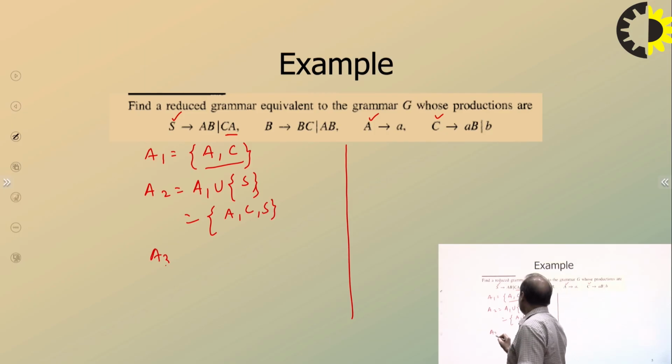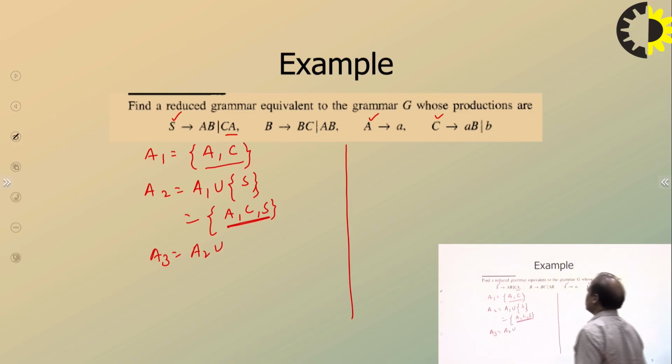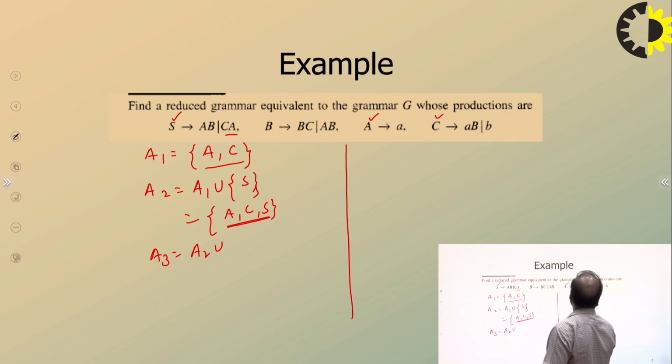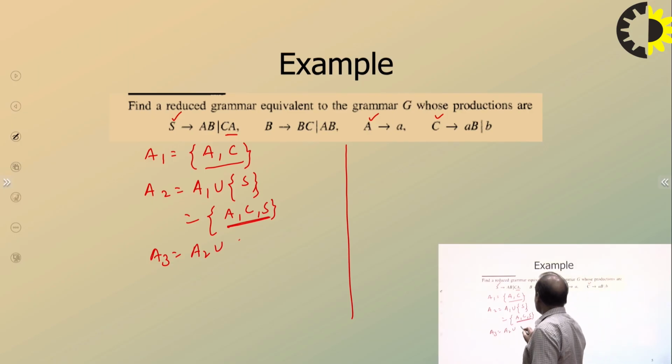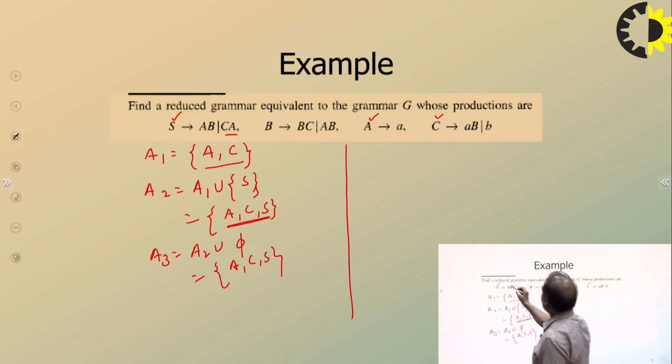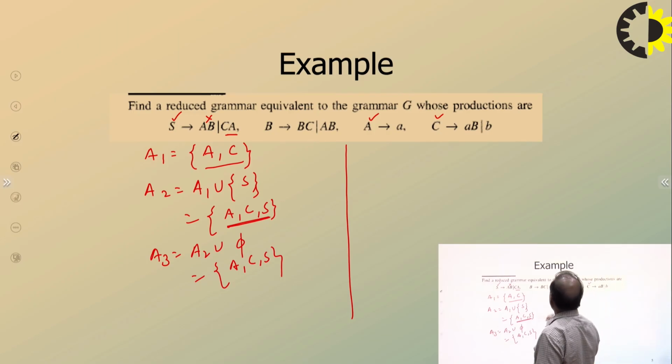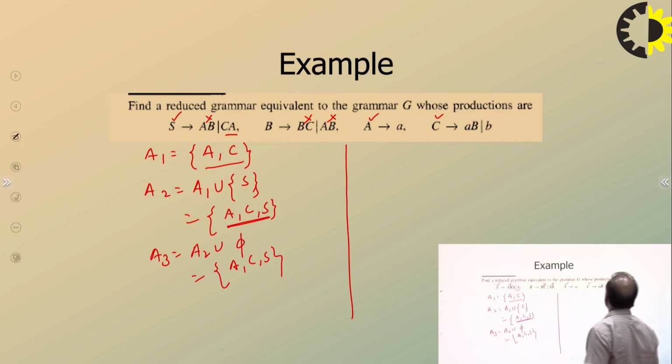Now A3 will be actually A2 union all the occurrences of these in the right hand side. So B is not coming, B is not coming and C is not coming. Clear. So that means this is nothing but empty. So you are going to get A, C and S. So this means that this production is going to be deleted because A3 is the same as A2, and this production and this production are also going to be deleted.